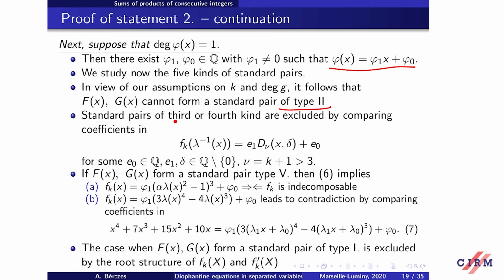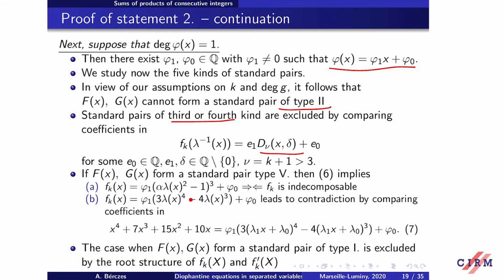Standard pairs of third and fourth kind are the polynomials which are defined using Dickson polynomials. We can exclude them by comparing coefficients in this equation. In the case of standard pairs of type 5, in principle, we have 2 cases. F_k(x) must be either of this shape, which contradicts the indecomposability of f.